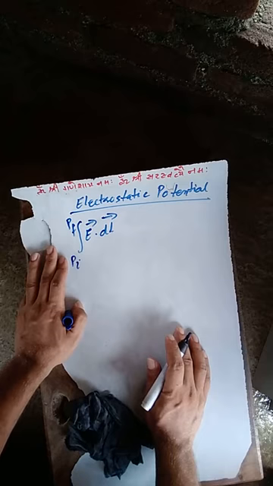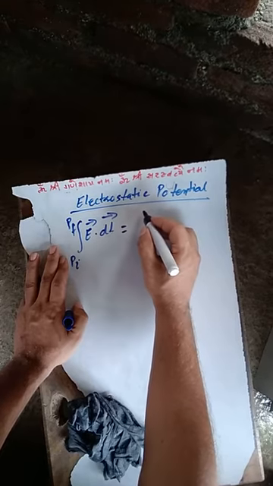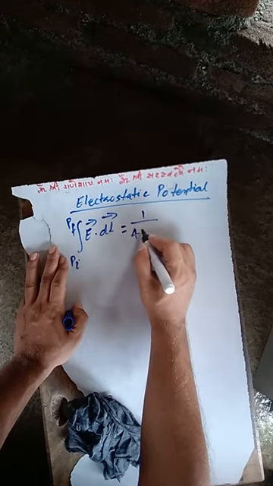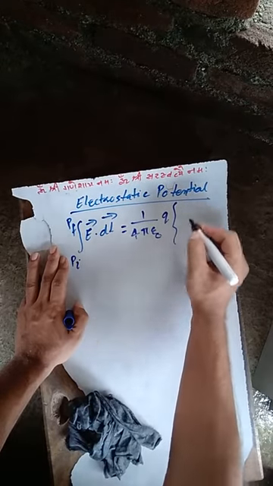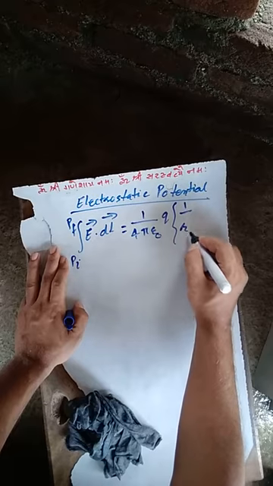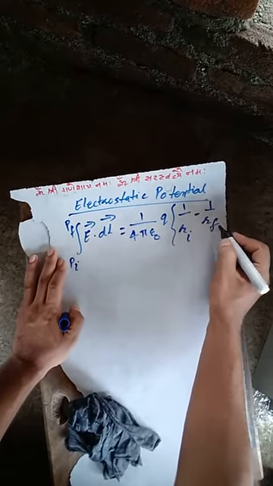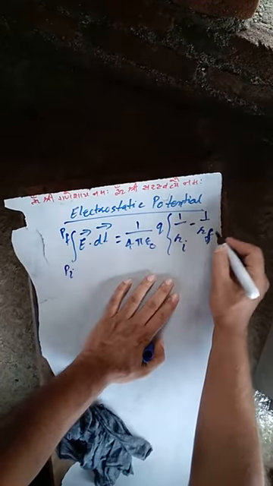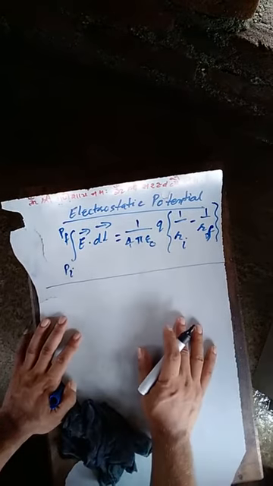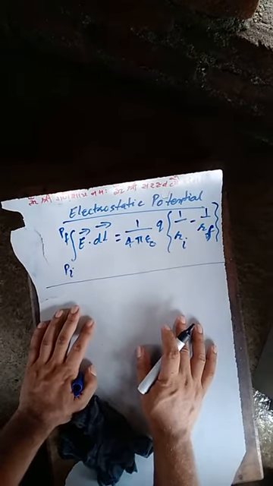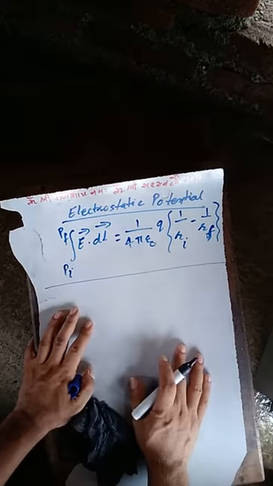And its value, we have studied, is 1 by 4 pi epsilon naught q into (1 by Ri minus 1 by Rf). We had studied this in the last class. हमने पिछली क्लास में पढ़ा था ये line integral of electric field है.